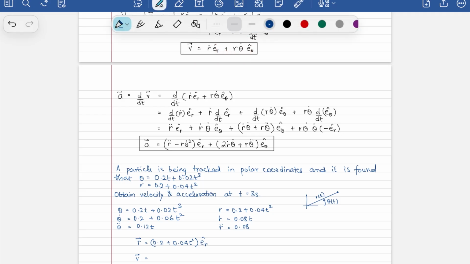This here is r dot, that's 0.08 t along e_r hat, plus you have r, 0.2 plus 0.04 t squared, times theta dot, which is 0.2 plus 0.06 t squared, this much along e theta hat.